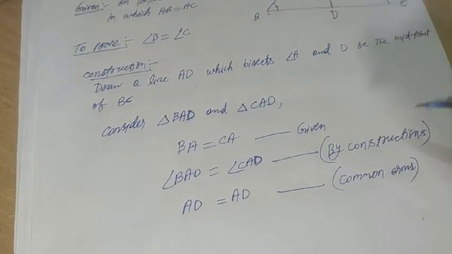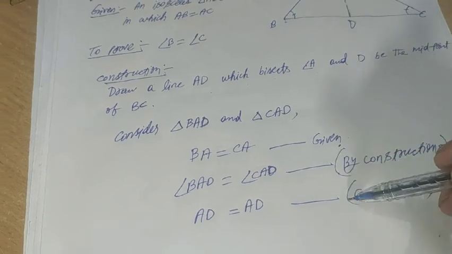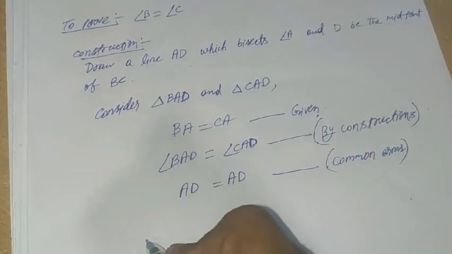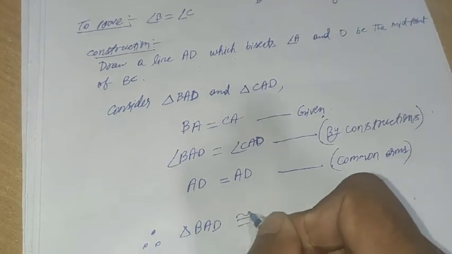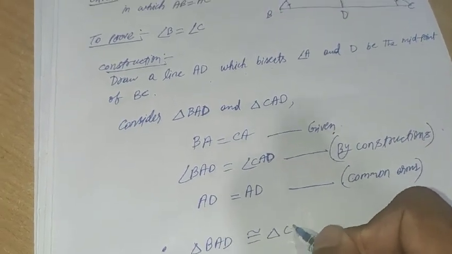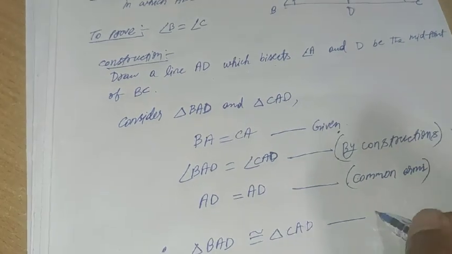So we got side angle side. From the side angle side congruence rule, we can say that triangle BAD is congruent to triangle CAD.